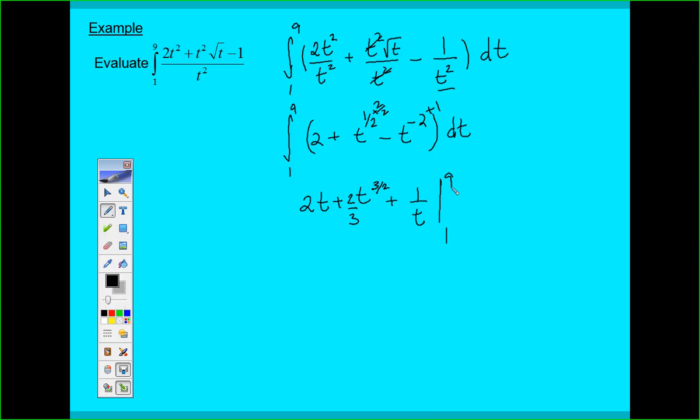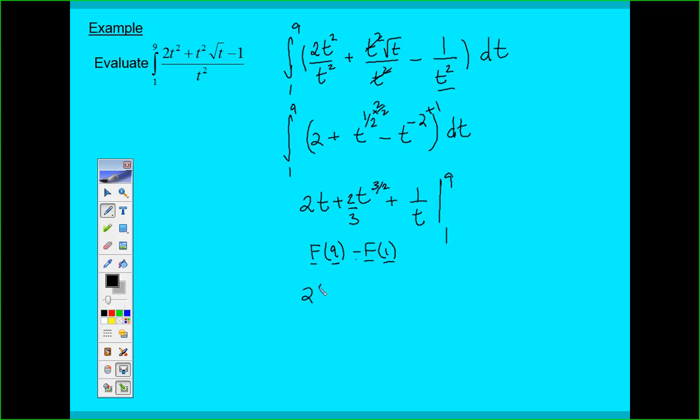So applying the fundamental theorem, our f of 9 minus f of 1, we have found our antiderivatives, we're evaluating it at 9, minus the antiderivative evaluated at 1.